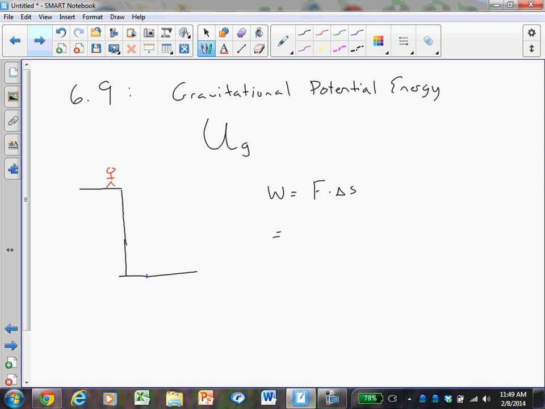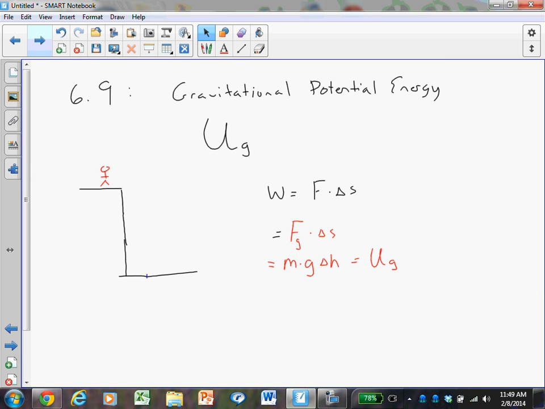What work are we doing to lift them up to that position? Well, that work is the person's weight, Fg, and the delta S is the H, so mg delta H, as in change of position, and that equals Ug for potential energy. So just to get them up to that position.